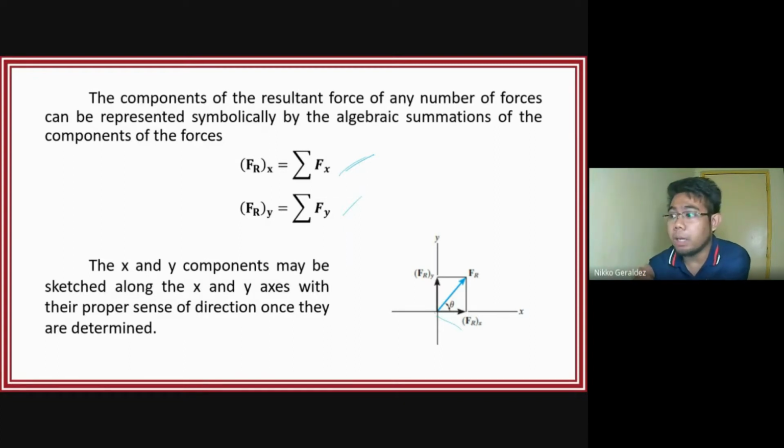Pag nakuha mo na yung sum of x and sum of y, pwede mong gawan ng sketch yun. Pag parehas positive, ibig sabihin, yung x component mo to the right, y component mo upward. Kapag ganon, nasa quadrant 1 yung resultant force mo. Kapag x component nasa left, and y component upward, resultant force mo nasa quadrant 2.